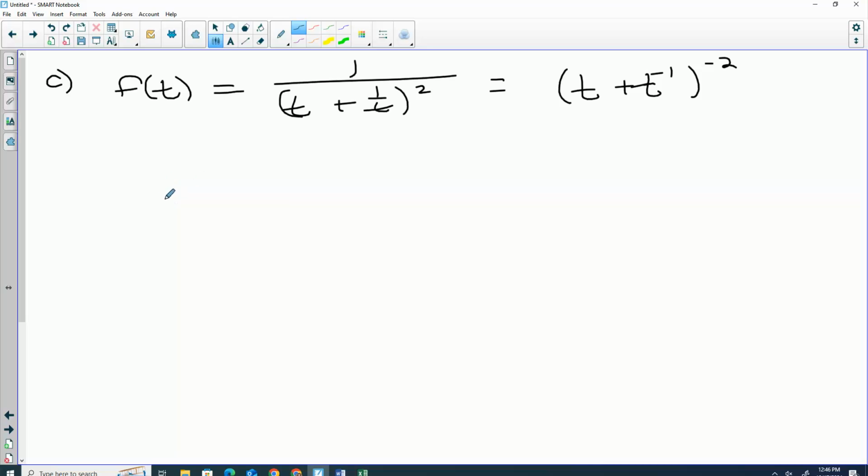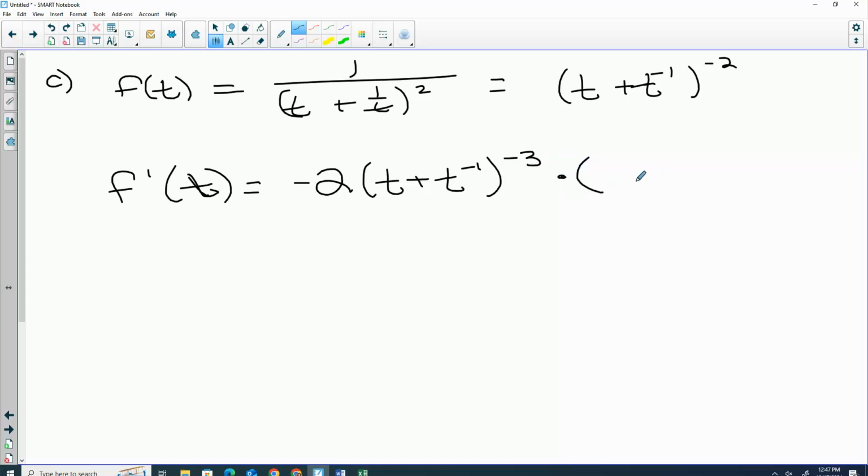But if it had been like a 4 on top, you would have a 4 out in front. So if I rewrite it this way, then it's just: exponent comes down, inside stays the same, subtract 1 from the power, times the derivative of the inside. Derivative of t is 1, plus derivative of t to the negative 1 would be negative t to the negative 2.